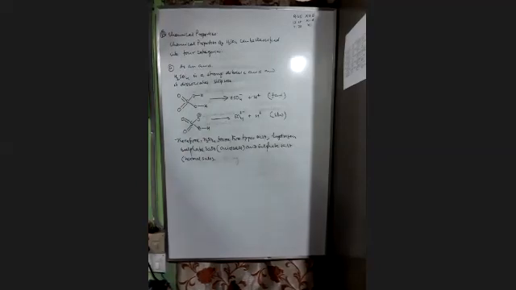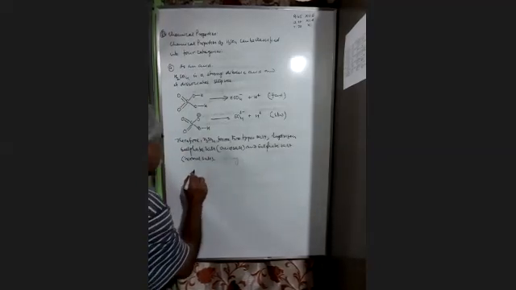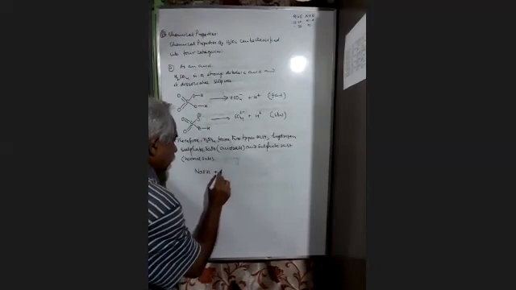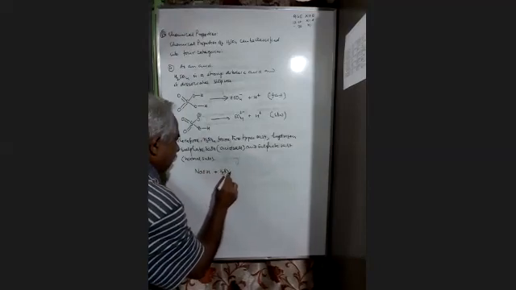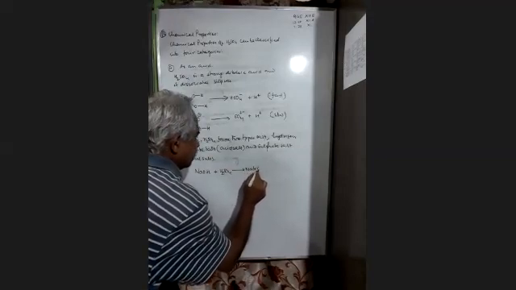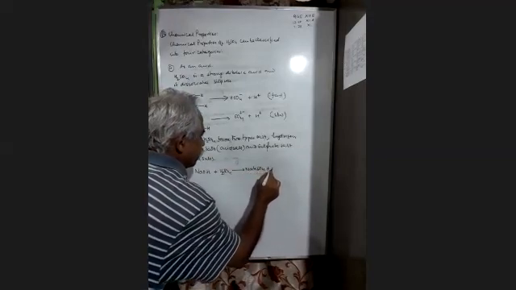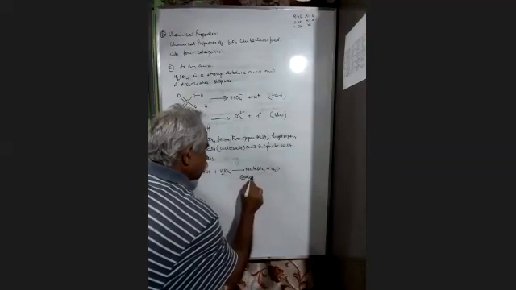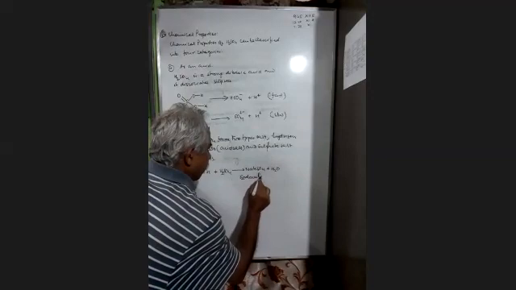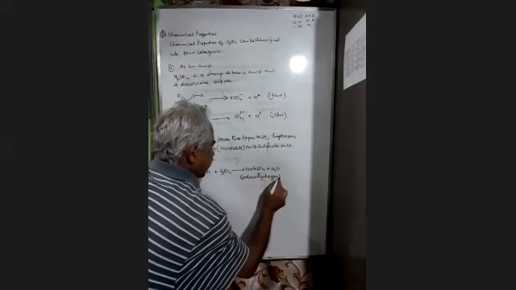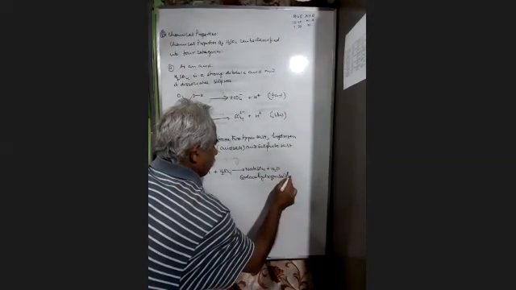Okay. So I'll do the reaction. If you have taken one equivalent of sodium hydroxide, you get here NaHSO4. This one we call sodium hydrogen sulfate.